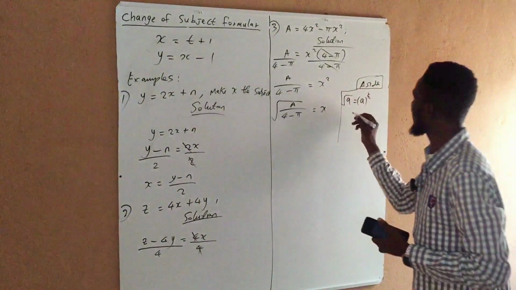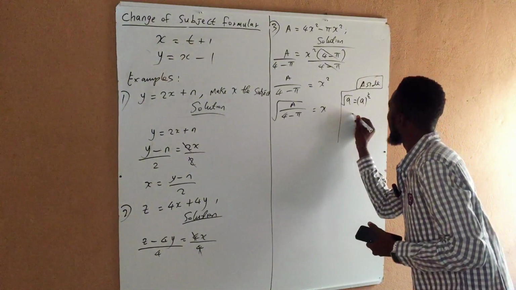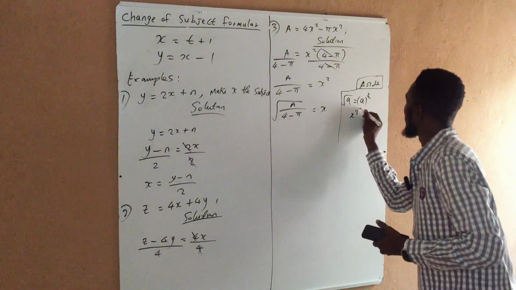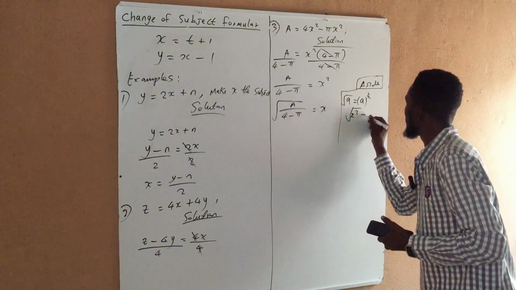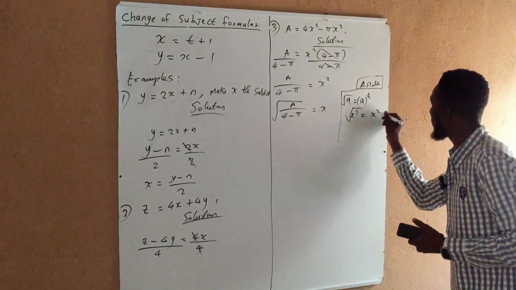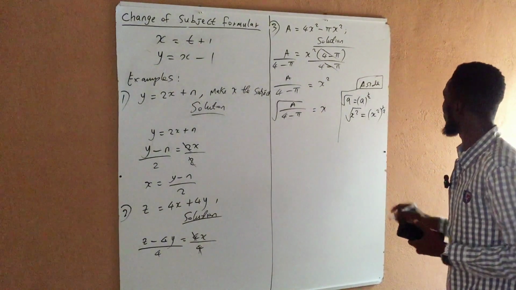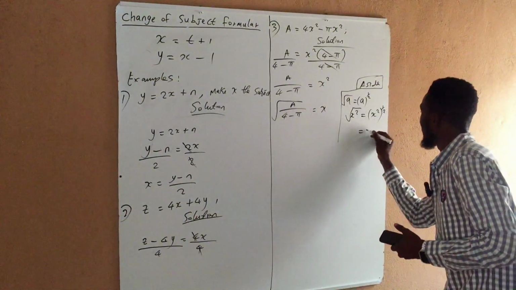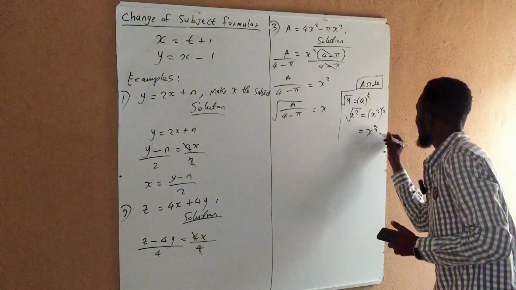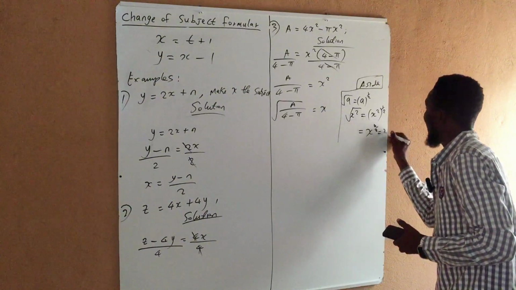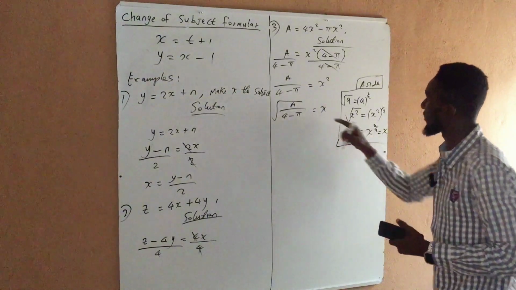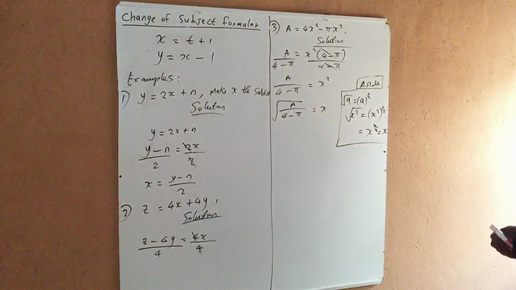So if we have x squared, root x squared is equal to x raised to power 2 raised to power 1 over 2. If you expand this, you have x raised to power 2 over 2. 2 will cancel 2. We are now left with x. That's how we got this. Is that correct?